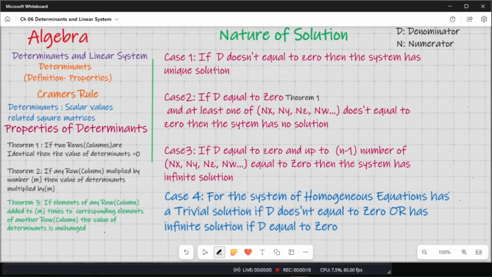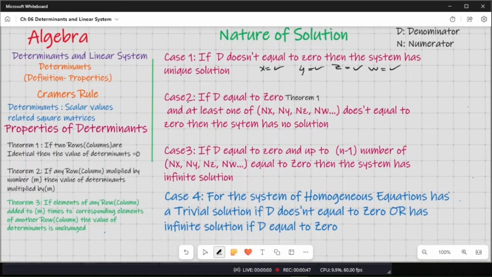Case 1, if the denominator doesn't equal to 0, then the system has a unique solution. Okay, our system has one solution of x equal to, y equal to, z equal to, w equal to.